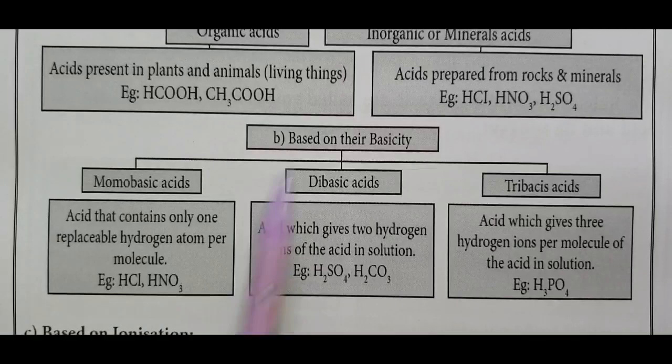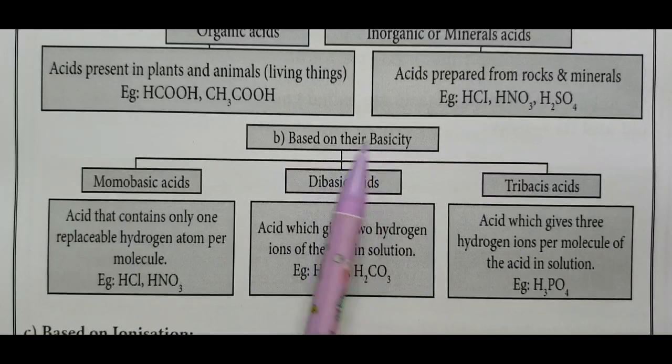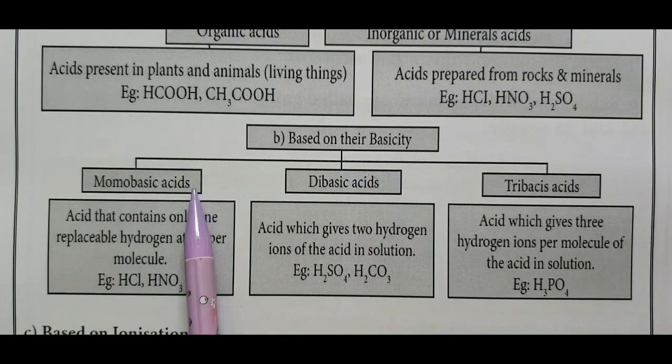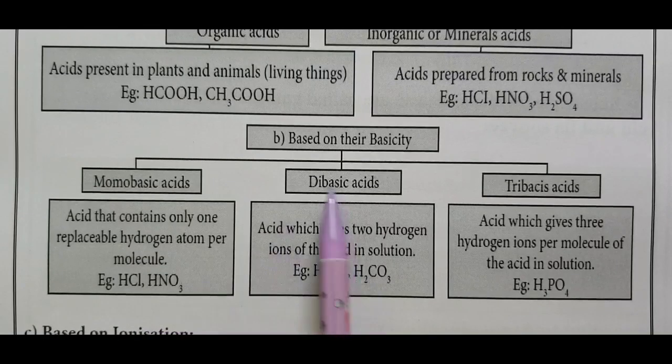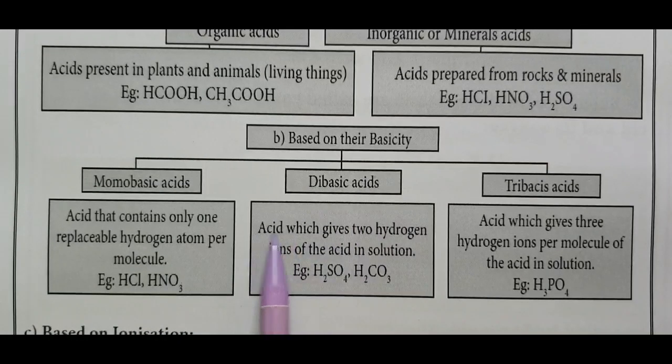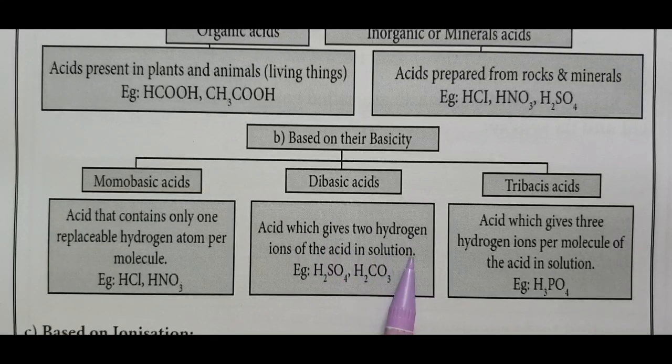Based on basicity, the number of replaceable H plus ions present in 1 mole of an acid. Monobasic acid: an acid that contains only one replaceable hydrogen atom per molecule. HCl contains only one hydrogen atom, basicity 1; nitric acid, basicity 1. Dibasic acid: an acid which gives 2 hydrogen ions in solution.